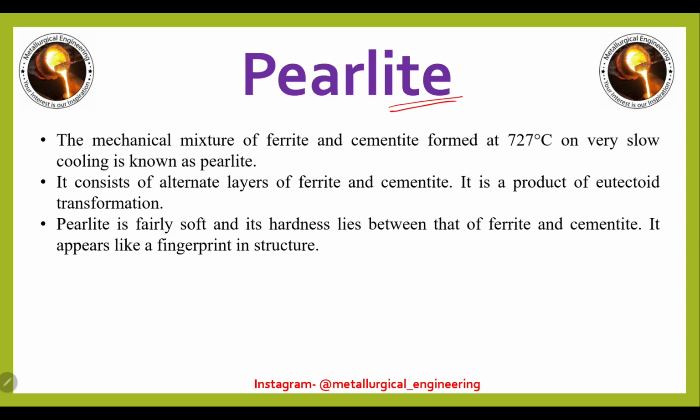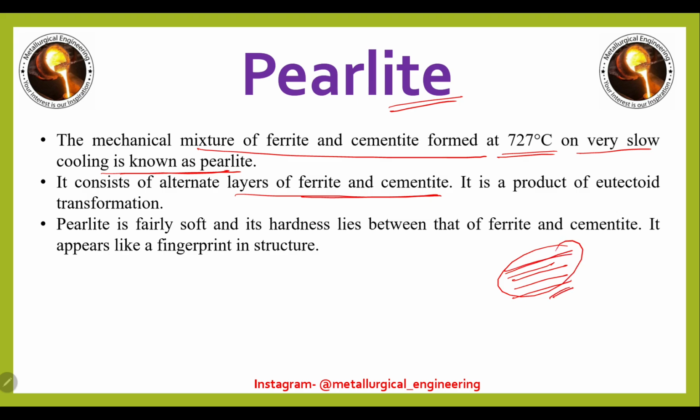Next phase is pearlite. The mechanical mixture of ferrite and cementite formed at 727 degrees centigrade, which is called the eutectoid reaction, on very slow cooling, is known as pearlite, and it consists of alternate layers of ferrite and cementite, like this.